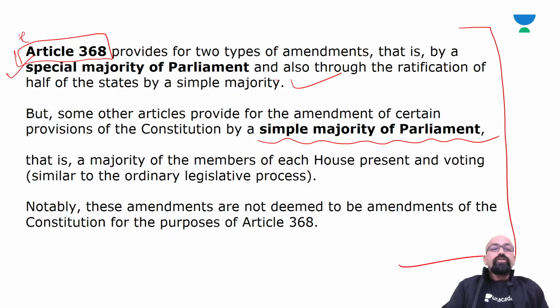A majority of members of each house present and voting, similar to the ordinary legislative process. These amendments are not deemed to be amendments of the Constitution for the purpose of article 368. So just remember, there are two types of amendments basically: special majority of Parliament and simple majority of Parliament.